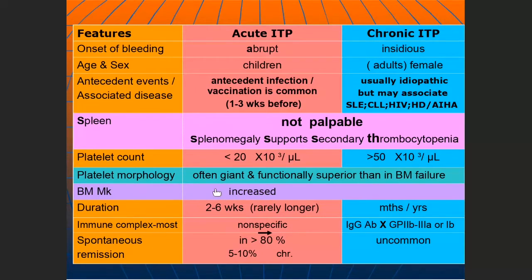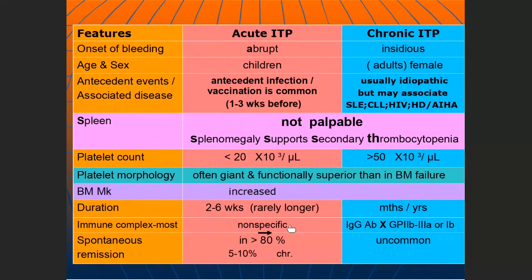Okay? Acute ITP is short-lived. It continues for 2 to 3 weeks, while chronic ITP continues for months or even for years. The antibody or the immune complex in acute ITP is non-specific.